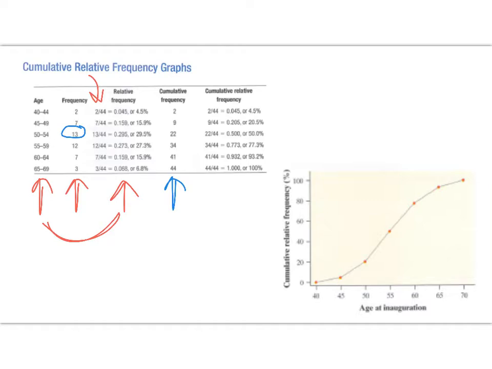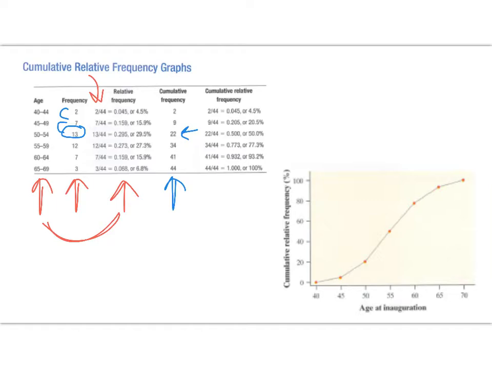But when I'm talking cumulative frequency, I'm adding in the 7 that were inaugurated between ages 45 and 49, and the 2 that were inaugurated between ages 40 to 44. So by the time I get to this 50 to 54 range, my cumulative frequency now is 22.